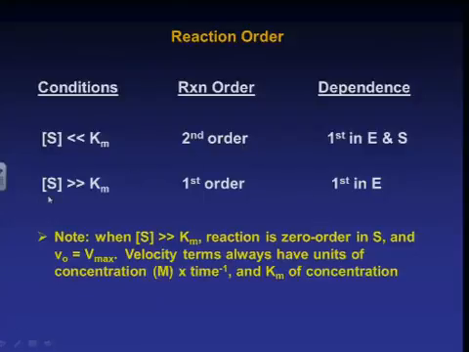The concentration of substrate is much higher than the Km, and you're way out on that curve. It's no longer dependent on the substrate concentration. You can continue to increase it and it has no effect on the velocity. The velocity is at Vmax, so that's first order now overall because the concentration dependence is strictly being imparted by the concentration of enzyme. All right? Is that clear? Okay.